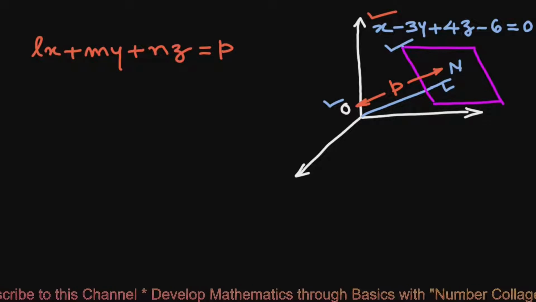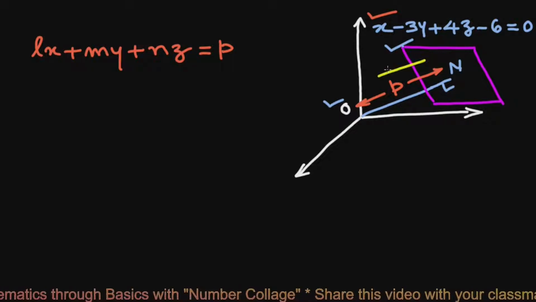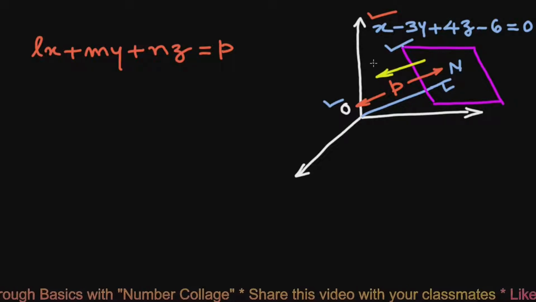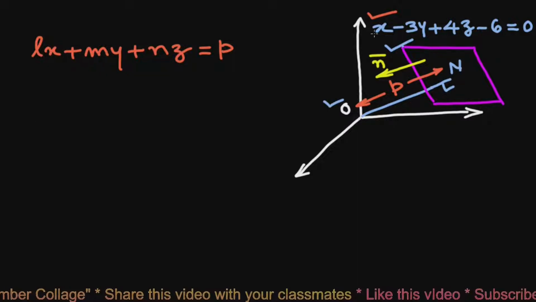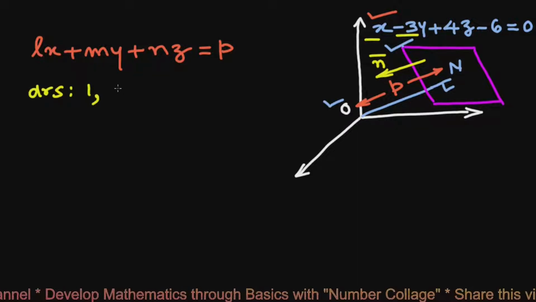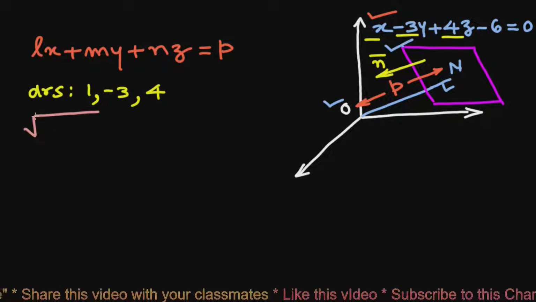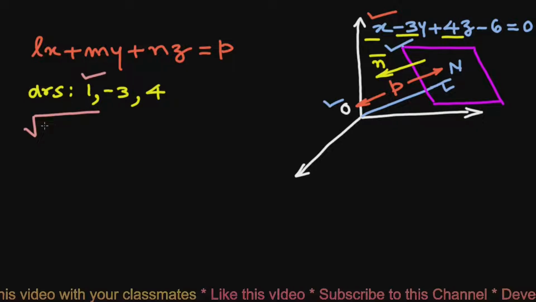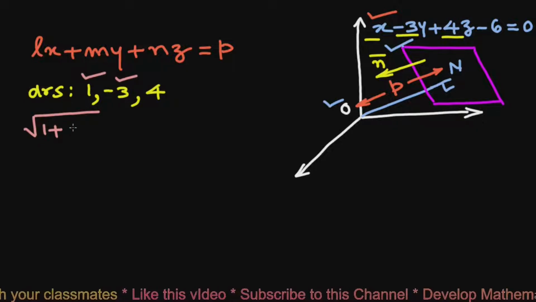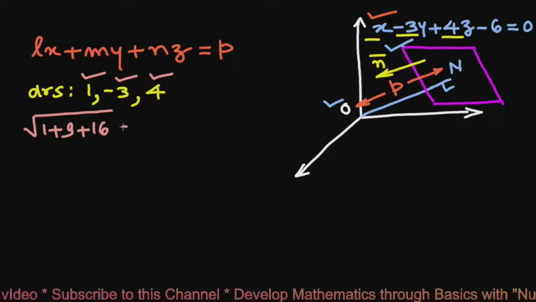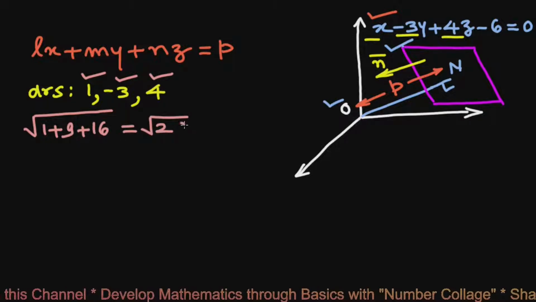From the equation of the plane, we can find direction ratios of the normal to this plane, which will be 1, minus 3, 4. Then the square root of 1 square plus minus 3 square plus 4 square will be square root of 26.